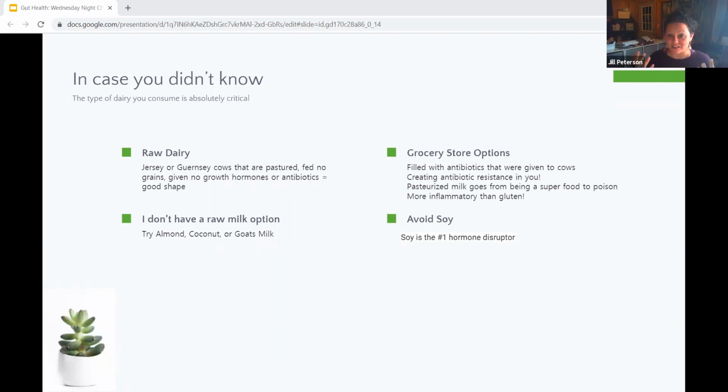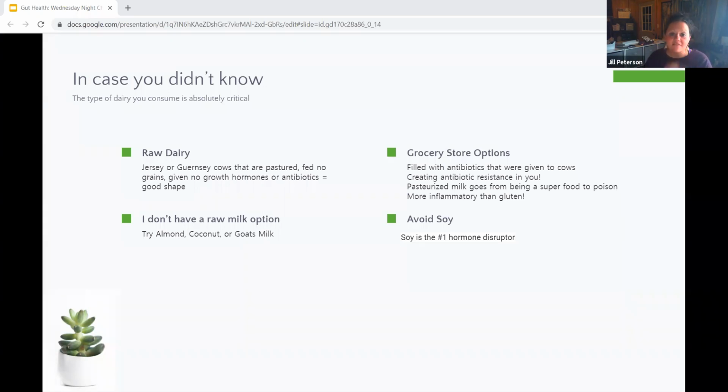So if you are going to consume dairy, it is extremely important that you look at the source of your dairy and really look for something that looks at it from a holistic perspective. Everything that a cow gets injected with, whether it be ibuprofen, steroids, whatever, goes directly into their milk.